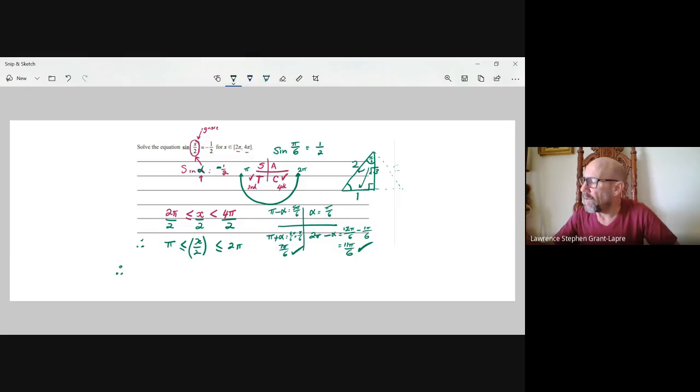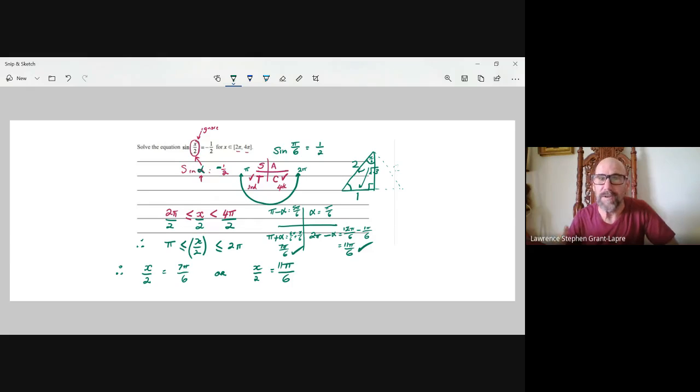Therefore, x over 2 is going to equal 7 pi over 6, or x over 2 is going to equal 11 pi over 6.